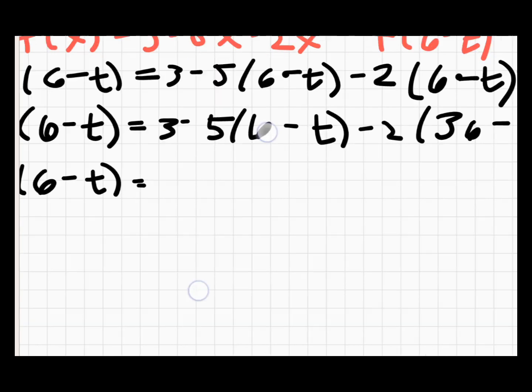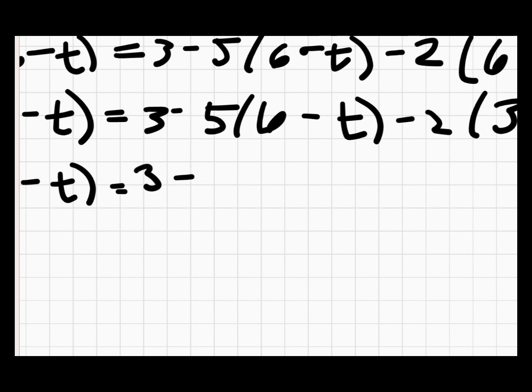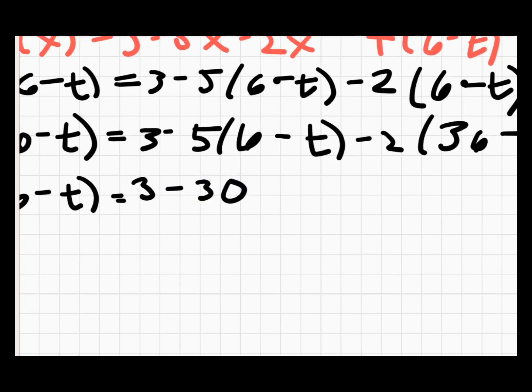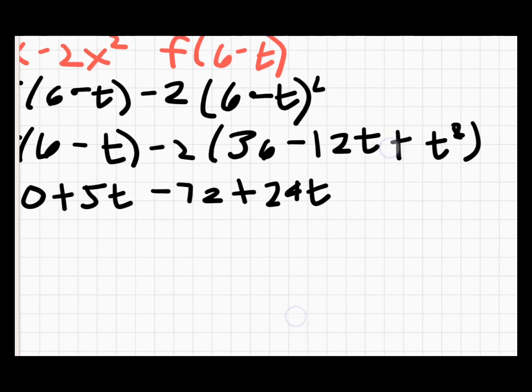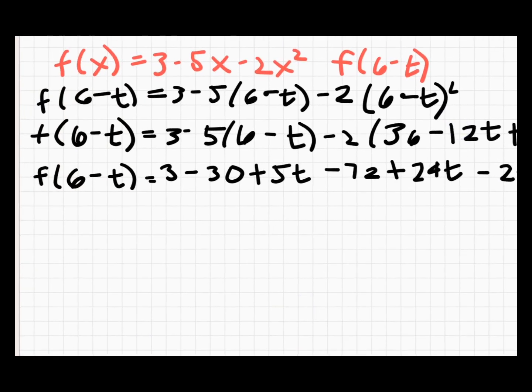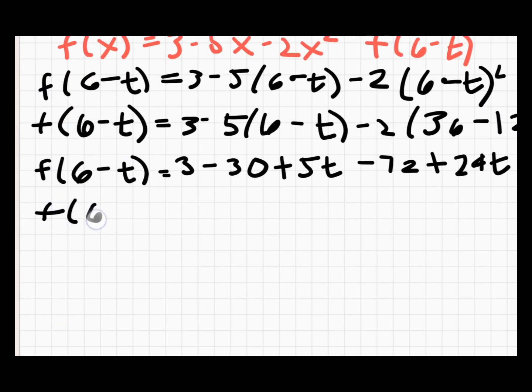And then we have 3 minus, distribute the 5. Negative 5 times 6 is negative 30, plus 5t, minus 2 times 36, negative 72, plus negative 12t times negative 2 is positive 24t, minus 2t squared.